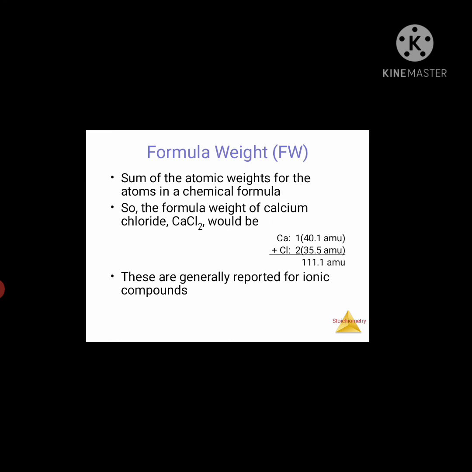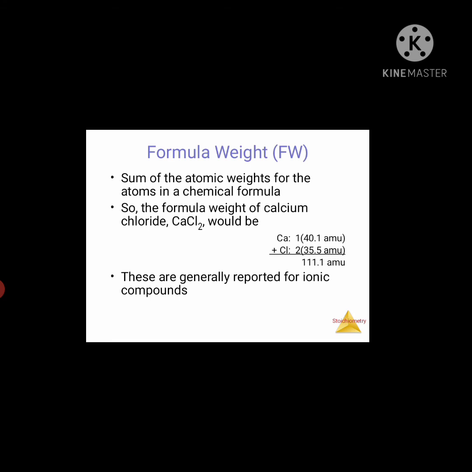So when it comes to formula weight, this is the sum of the atomic weights of the atoms in the chemical formula. So the formula weight of calcium chloride, for example, would be, for calcium, please check your periodic table, 40.01 atomic mass units.